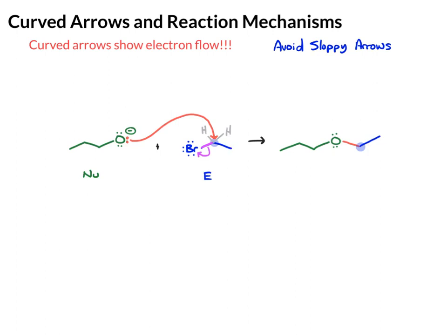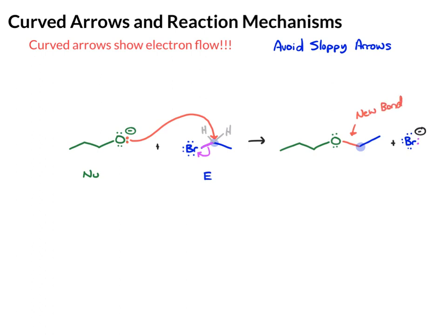Then the byproduct is Br minus. Now that bromine already had 3 lone pairs. Now it has a 4th, which comes from the bond in pink. 4 lone pairs and a negative charge. Right here we have the new bond that was formed.